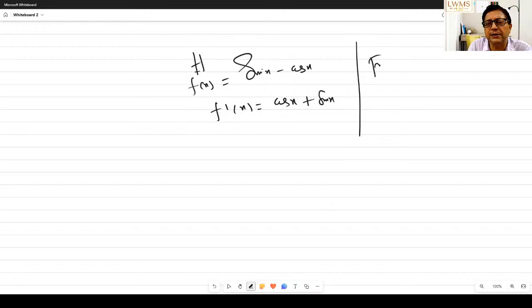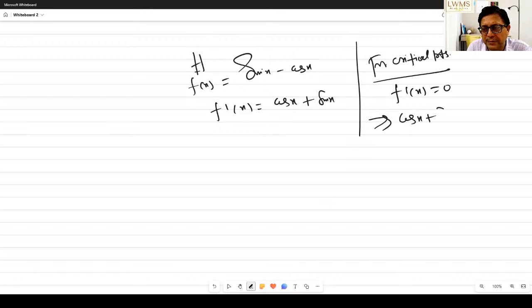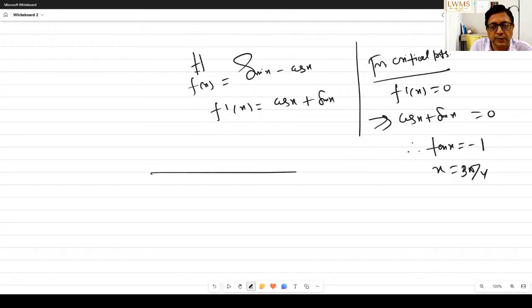For critical points, f dash x should be 0. This implies cos x plus sin x equals 0, so tan x equals minus 1, and x equals 3 pi by 4, which falls in the interval 0 to pi. That's it.